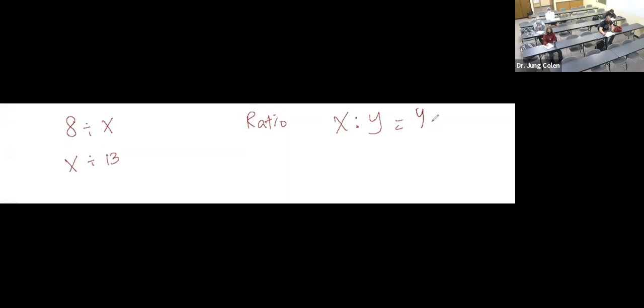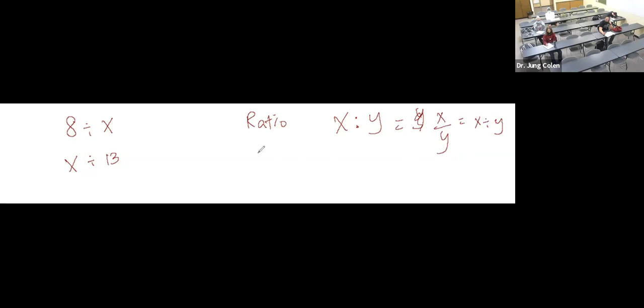The ratio of two numbers. If we are writing a ratio, we usually write x to y, don't we? And we can also write this as a fraction, so x over y. X over y means x divided by y, right?